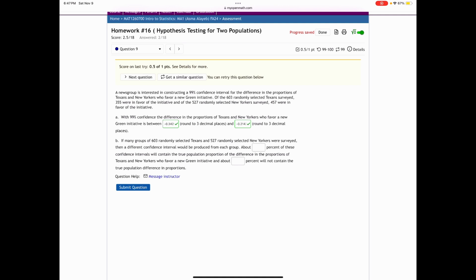And then to answer the second part, if many groups of 603 randomly selected Texans and 527 randomly selected New Yorkers were surveyed, then a different confidence interval would be produced from each group.